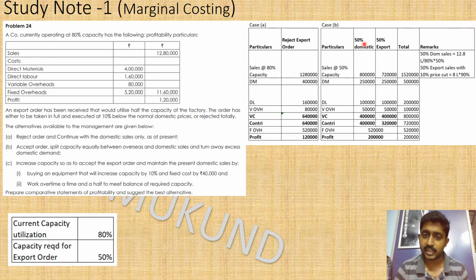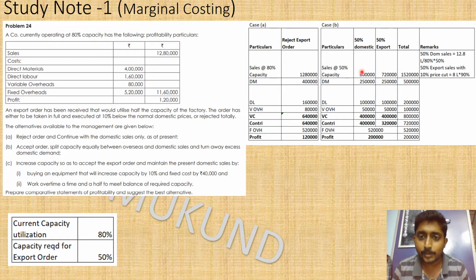It is very easy: 12.8 lakhs divided by 80% multiplied by 50%. Divided by 80% gives the sales for 1%, multiplied by 50% gives the sales for 50% of capacity.